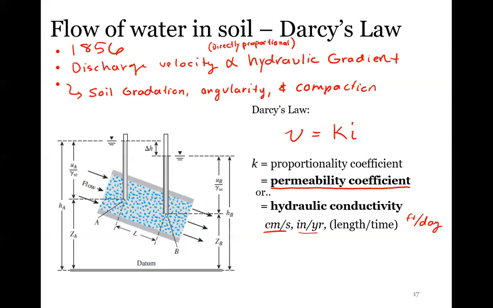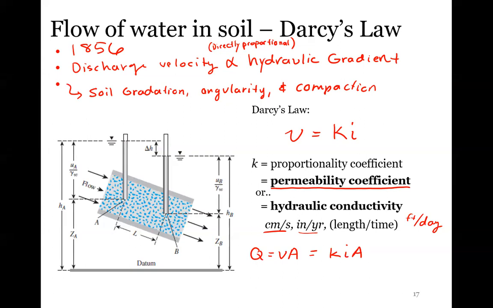Now, velocity, sometimes we actually want to care about flow, right? Like we want to know what is the actual cubic volume amount of water traveling out of a soil condition or into the aquifer. So knowing that the flow Q is equal to our velocity times the area, Q equals AV, then that means it is equal to Ki times A. So that is Darcy's law, assuming laminar conditions, water is incompressible, and so on.